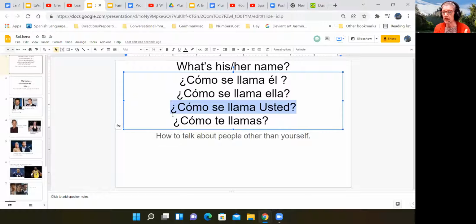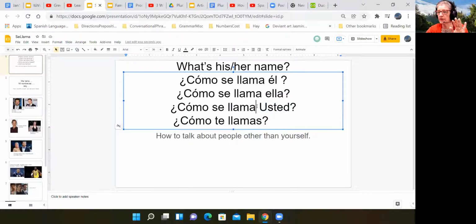¿Cómo se llama usted? But notice this se llama is what we call the verb part. Se llama is called or calls oneself. They may drop this word usted if they're looking you straight in the eye.